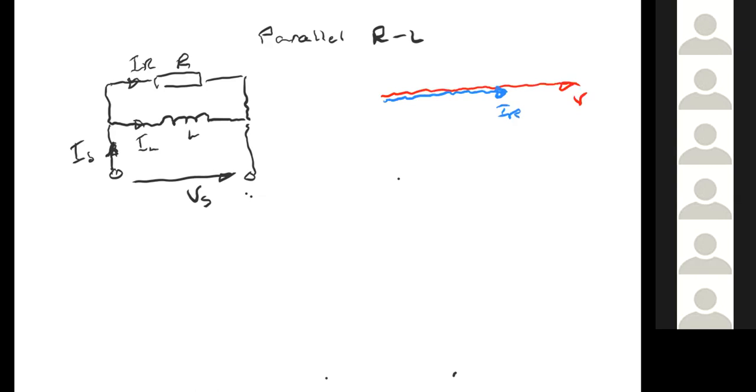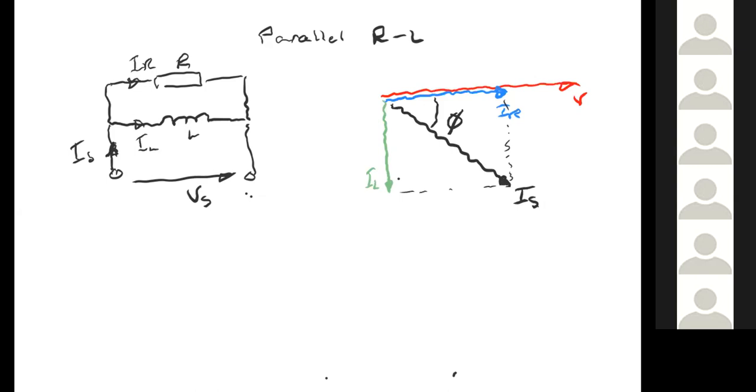And then lastly, we've got our IL down here at minus 90 degrees or minus pi/2 radians. And then we can complete that on the phasor diagram, and our resultant down the middle is IS. All okay with that now? And our angle of IS is this one in here.